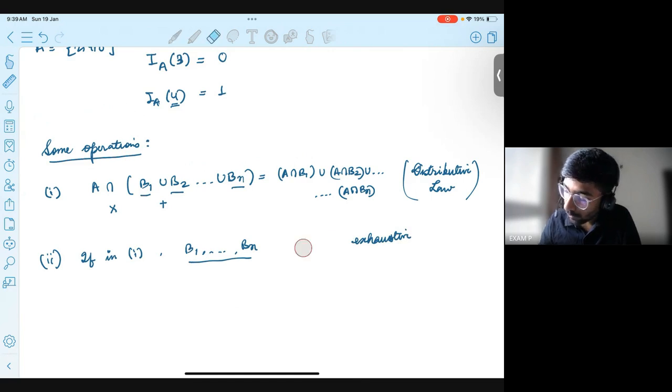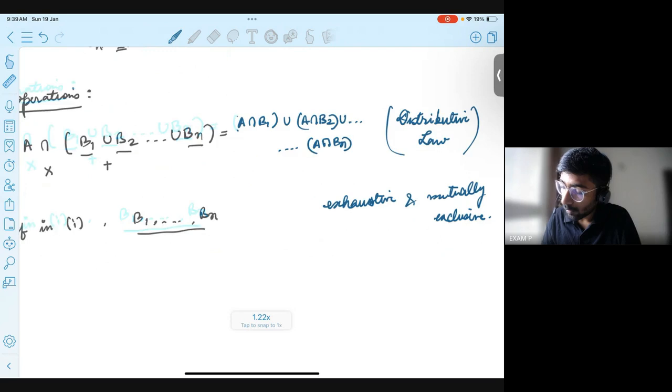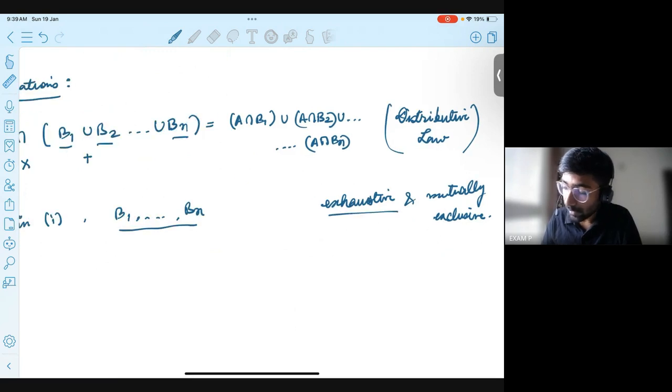and mutually exclusive. Mutually exclusive means there is no common part between any of these events, and they are also exhaustive, which means their union is the sample space.